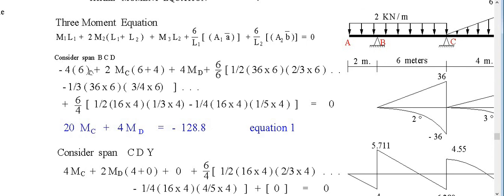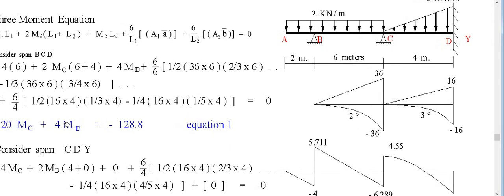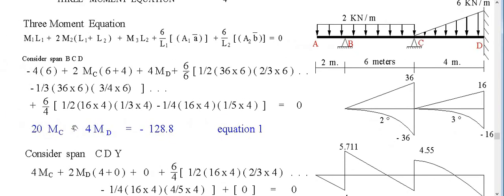Oftentimes students misinterpret the result because this one is excluded, so be sure to include this. The constant is negative because usually the moment at C is negative and the moment at D is usually negative. So these two are negative and the constant must be negative.